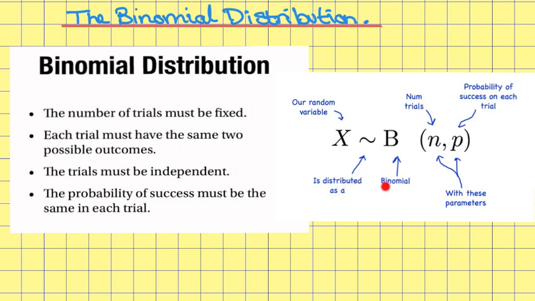The B stands for binomial, and then in a pair of round brackets, we have 2 things. n stands for the number of trials, and p stands for the probability of success on each trial. These are called the parameters of the binomial distribution.